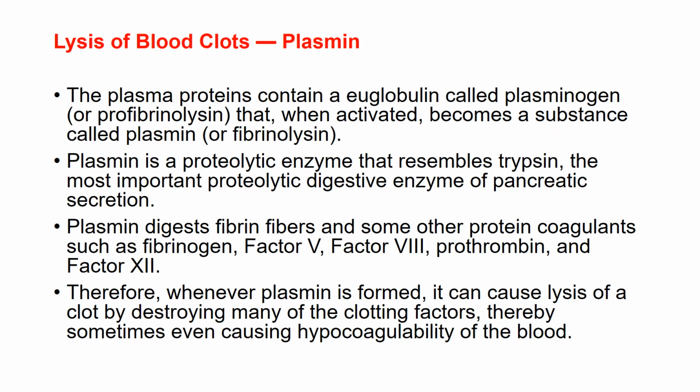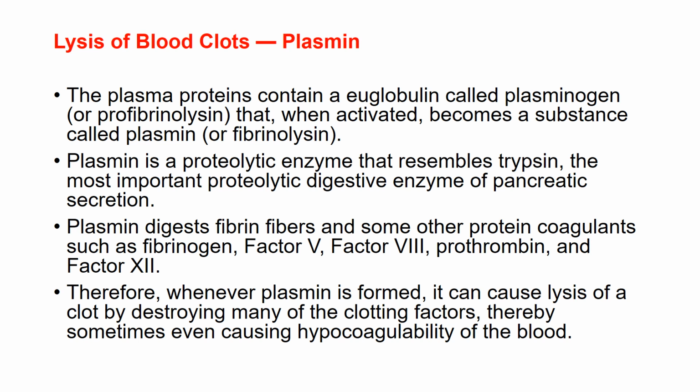Lysis of blood clots: plasmin. The plasma proteins contain a euglobulin called plasminogen, or profibrinolysin, that, when activated, becomes a substance called plasmin, or fibrinolysin. Plasmin is a proteolytic enzyme that resembles trypsin, the most important proteolytic digestive enzyme of pancreatic secretion.